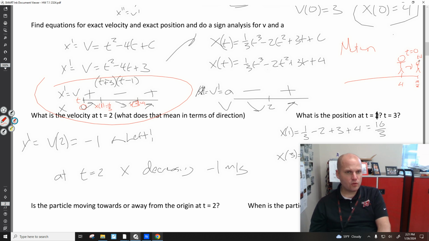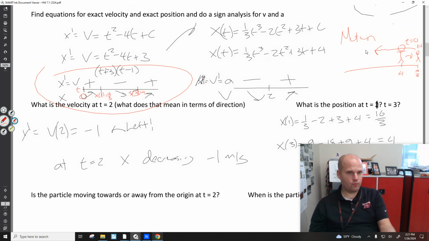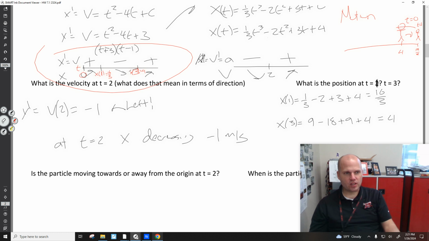My dude moves to the left till he gets to a position of 4. Oh, look at that. He goes back to where he started. Okay, never mind. My dude moves to the left and returns to his position of 4 at t equals 3. My dude then goes off into the distance to the right there.